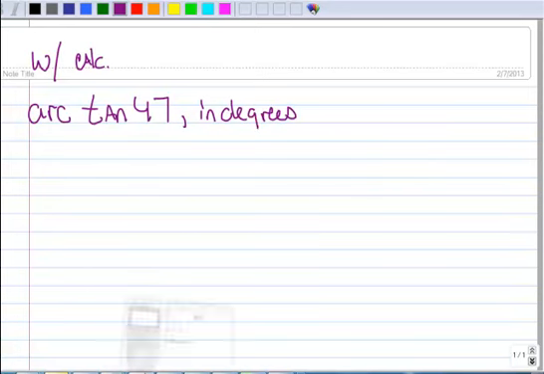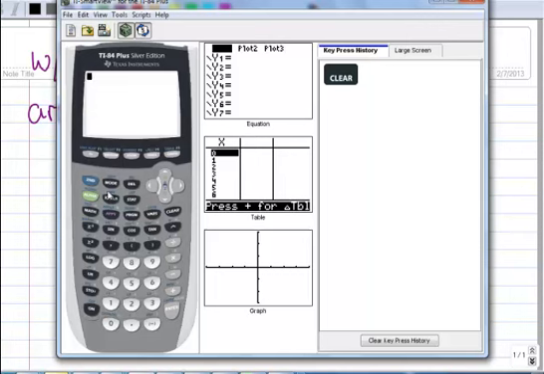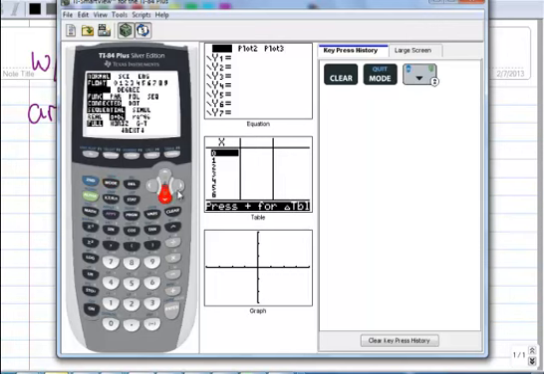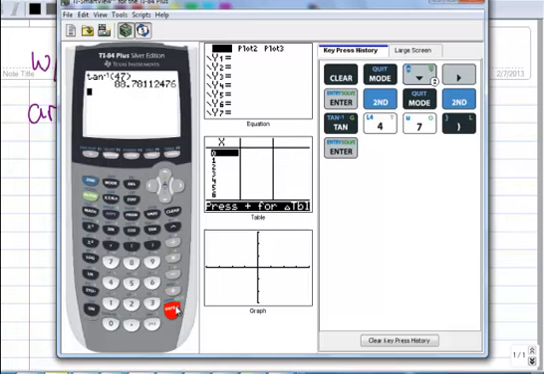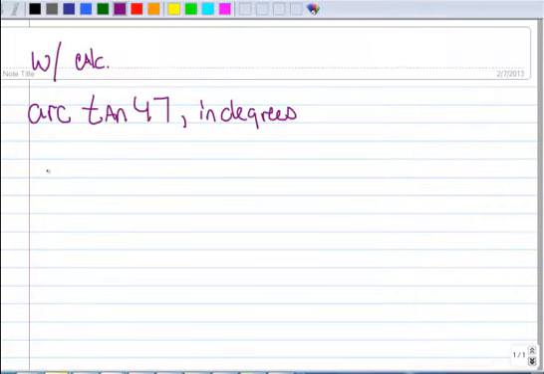So let's pull up our calculator and go to mode and over to degree. There we go. And so now we just type that in, second tangent. So there's my inverse tangent of 47. Enter. And we get 88.78 degrees.